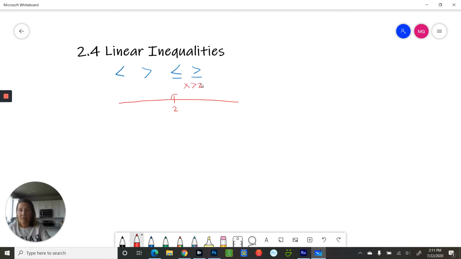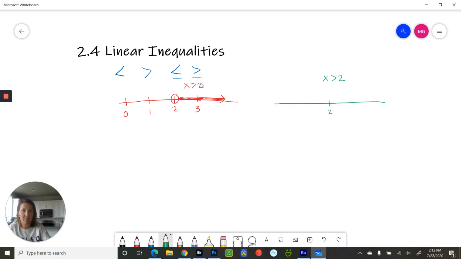It's greater than, so it's an open circle, and you would move up the number line. So this would be a number line of how you probably have seen it. In the book, it's going to be done slightly differently, but it's representing the same thing.